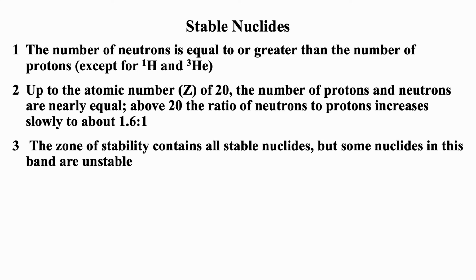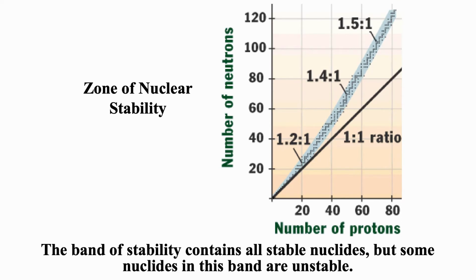Rule 3, the zone of stability contains all stable nuclides, but some nuclides in this band are unstable. If we look at the zone of stability, we've plotted number of neutrons versus number of protons. The black line shows you the 1-to-1 ratio. For the first 20, they're close to a 1-to-1 ratio, so you'll need 1 proton to 1 neutron.